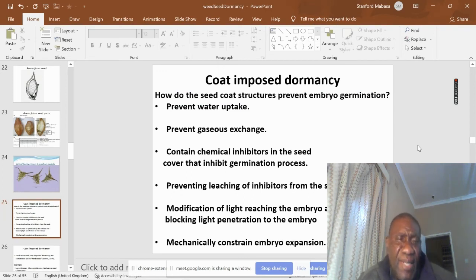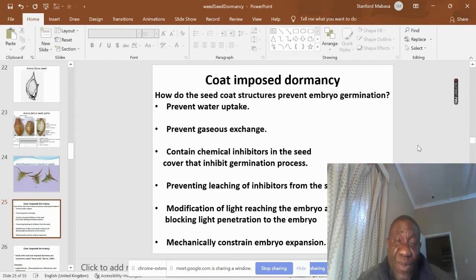So let us look at the coat-imposed dormancy. How do the seed coat structures prevent embryo germination? Number one, the seed coat may prevent water uptake. If there's no water, there's no germination. The seed coat may prevent gaseous exchange.